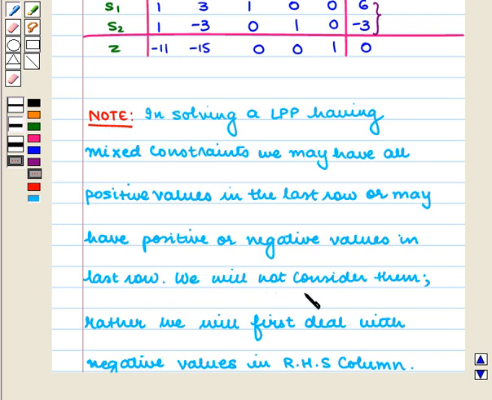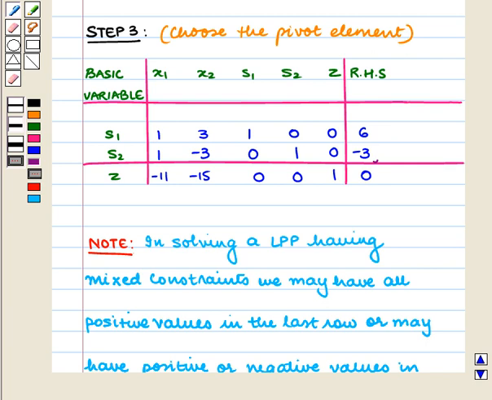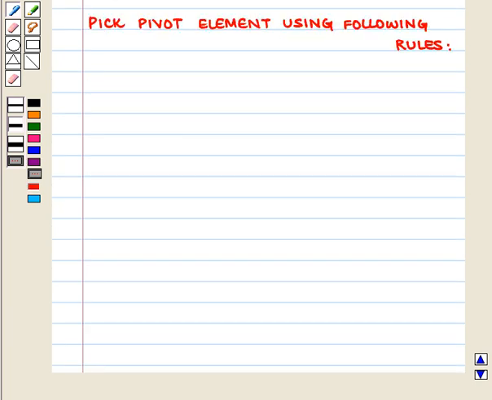We will not consider them; rather we will first deal with the negative values in the RHS column. Here we have one negative value, that is minus 3. To get rid of this negative value, we will pick the pivot element using the following rules.